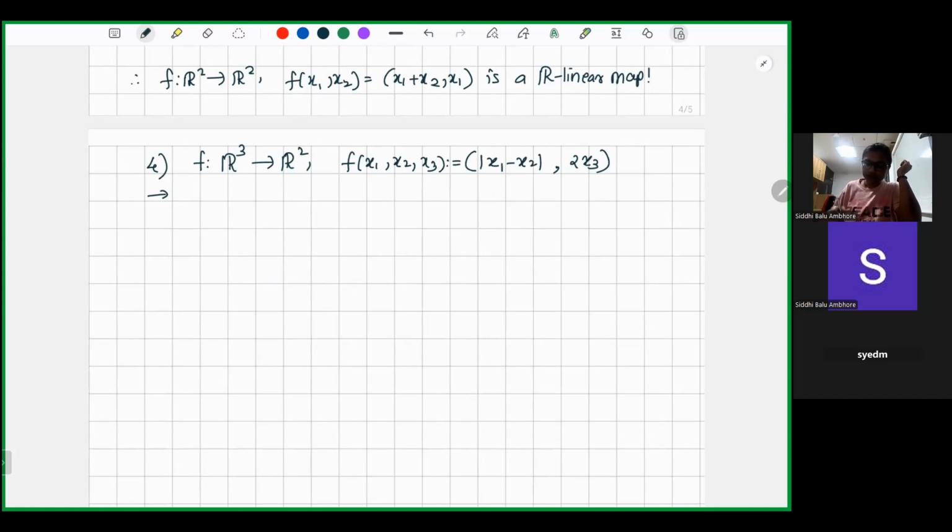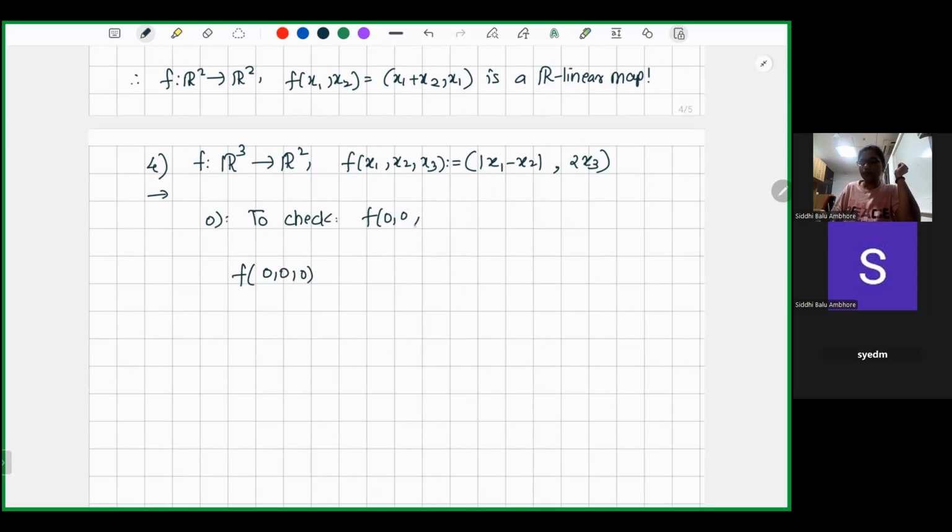So we again will check the zero condition. That is to check whether f of 0 comma 0 comma 0 is 0 comma 0 or not.